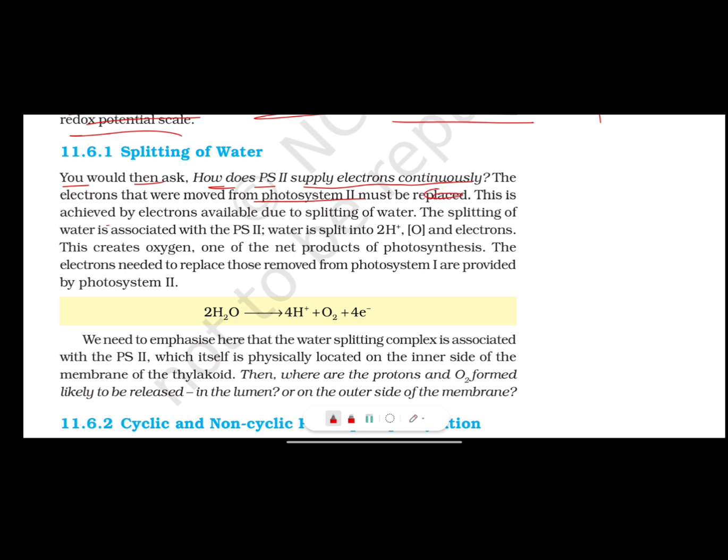Okay, this is achieved by the electrons available due to the splitting of water, and this is a very important key point. The splitting of water is associated with PS2.